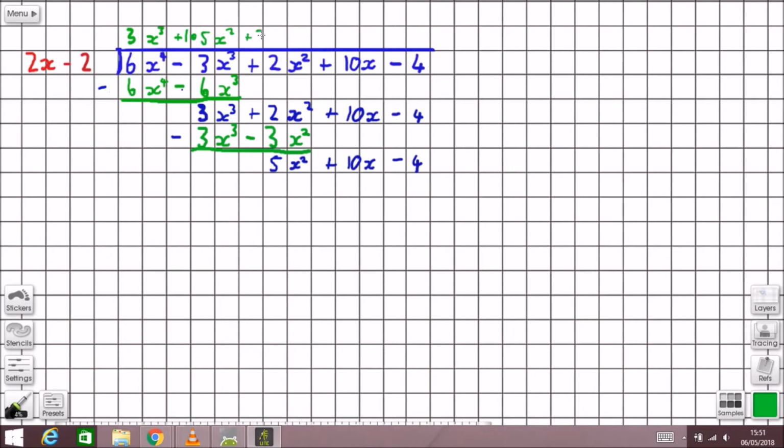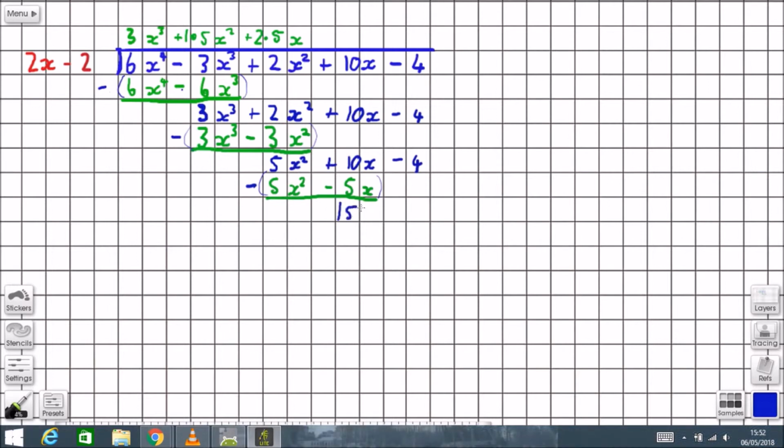Well, it's going to be 2x times 2.5x to give us our blue 5x squared term. And negative 2 times 2.5x is negative 5x. We'll remove this, bring down our remainder. We're going to subtract that whole term. We're subtracting the whole term every single time, the whole line, not just the first term. I should have put it in brackets.